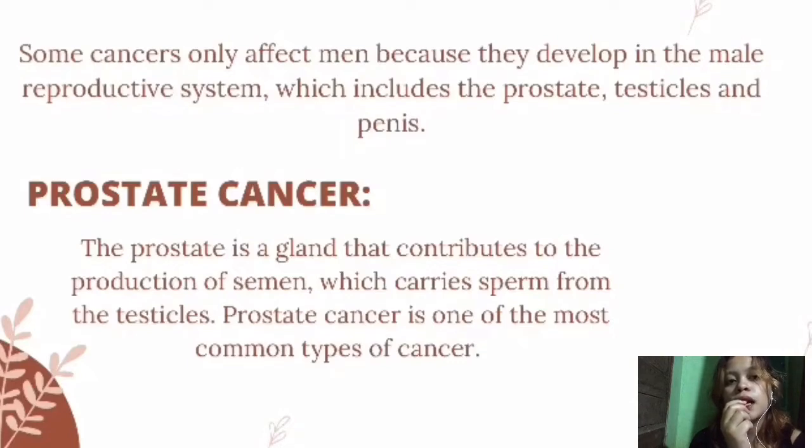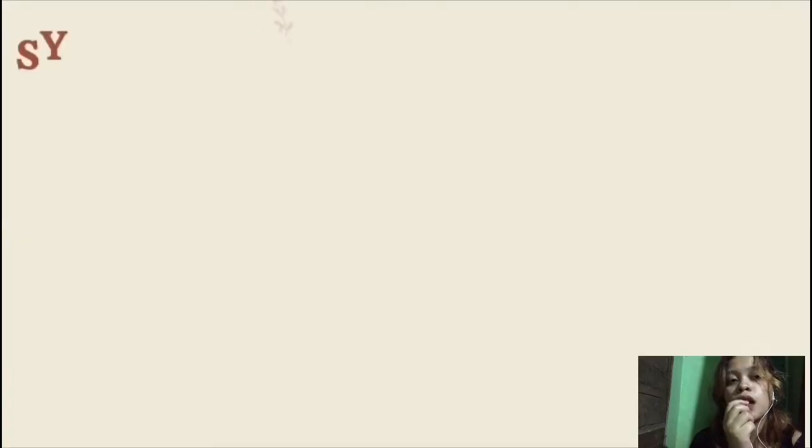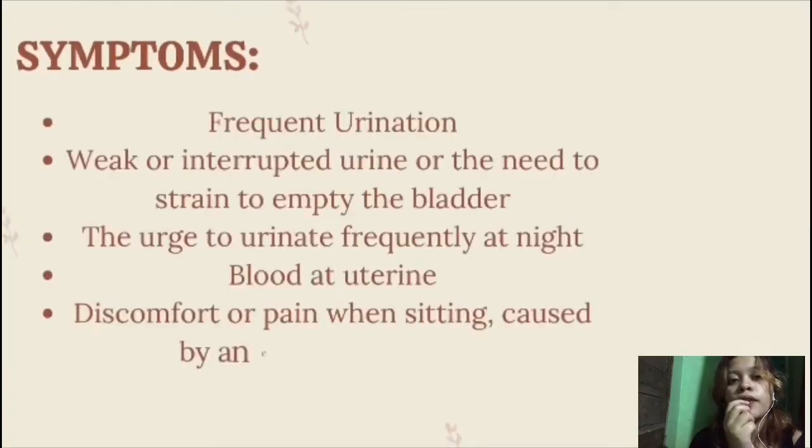However, while some types of cancer grow slowly and may need minimal or even no treatment, other types are aggressive and can spread quickly. So, prostate cancer that's more advanced may cause signs and symptoms such as frequent urination, weak or interrupted urine flow, or the need to strain to empty the bladder.